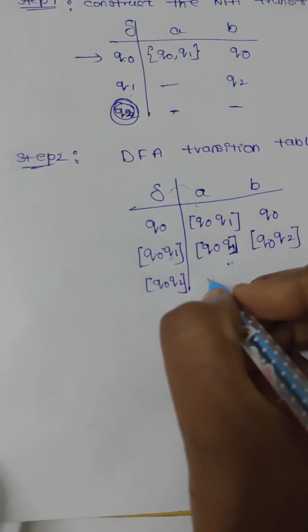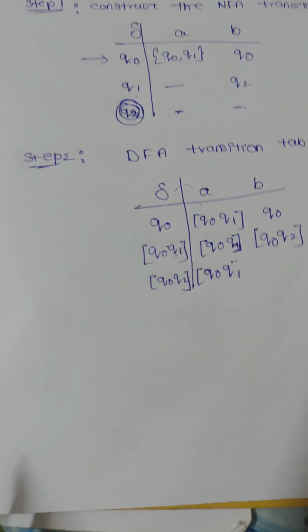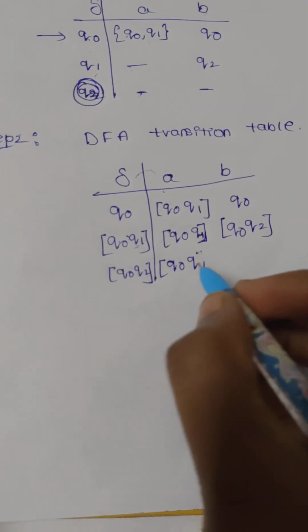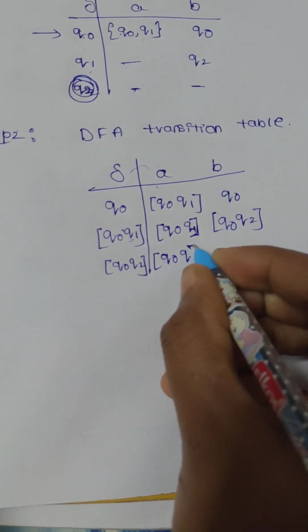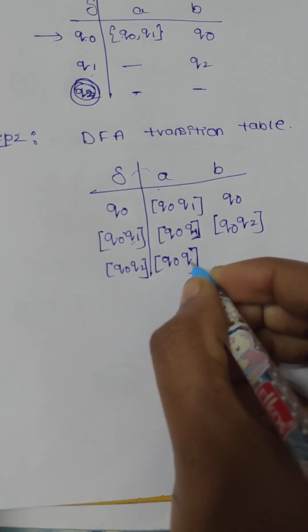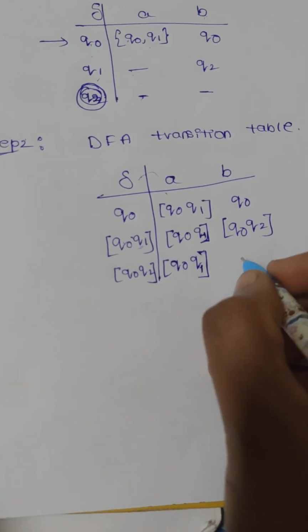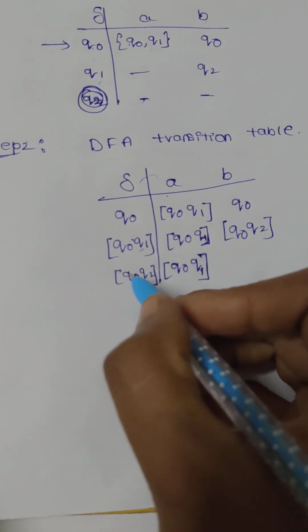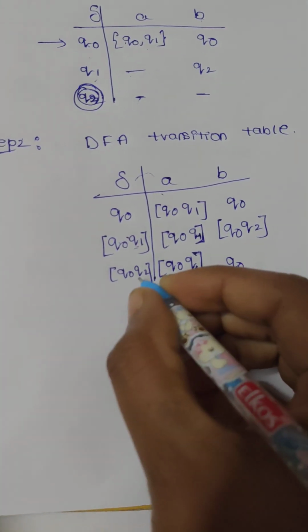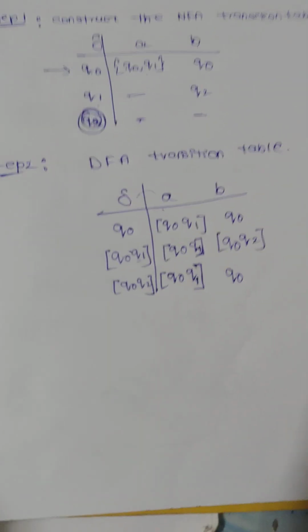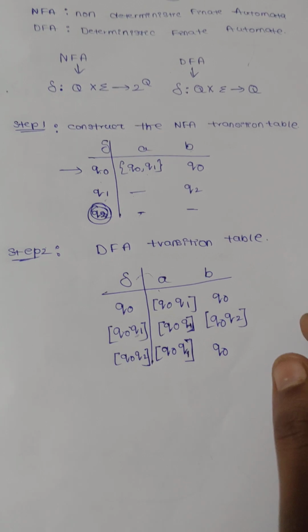Q0 on A goes to Q0 Q1, and Q2 on A goes to nothing. Q0 on B goes to Q0, and Q2 on B goes to nothing. So this is the DFA transition table.